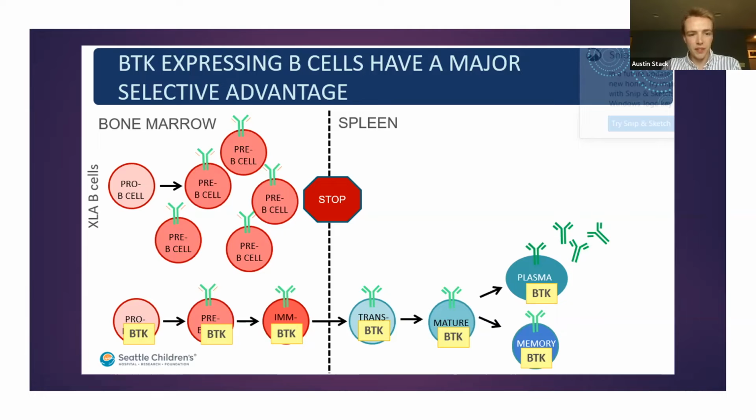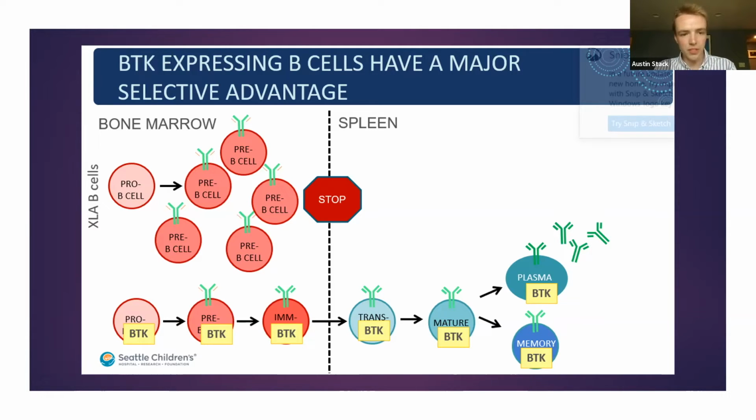And these are held if they don't have BTK. The reason this slide is important here is because BTK is part of the signaling process that tells these positively selected B cells to move on further in the maturation process.